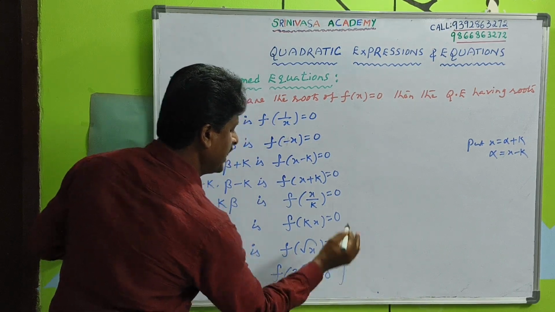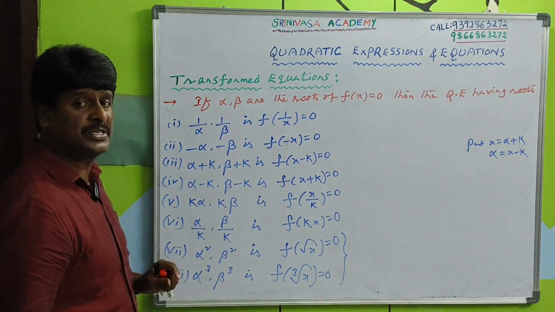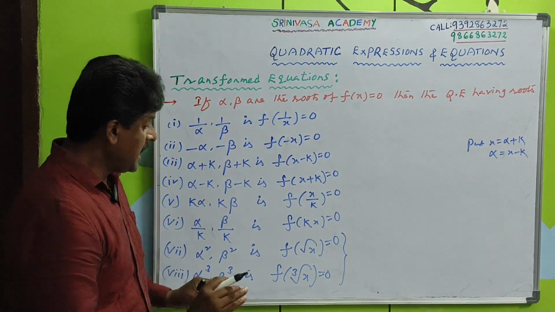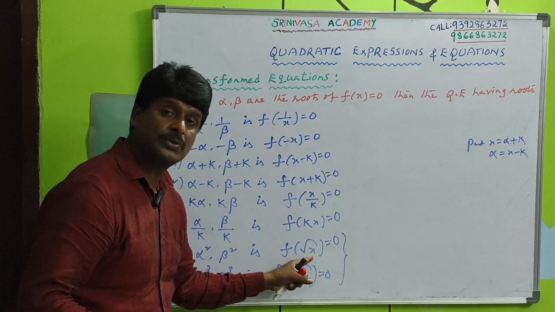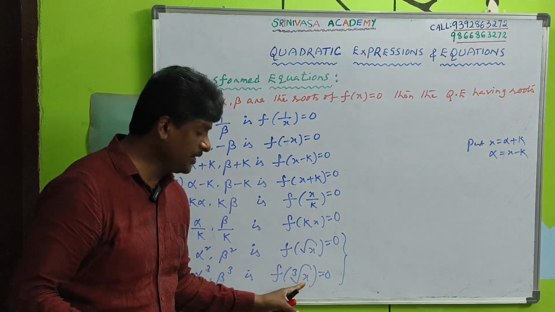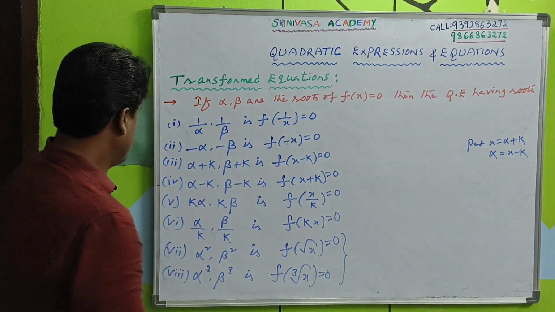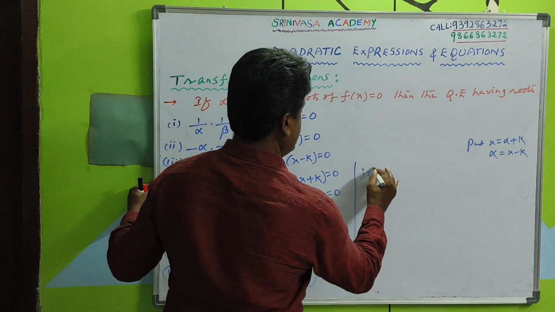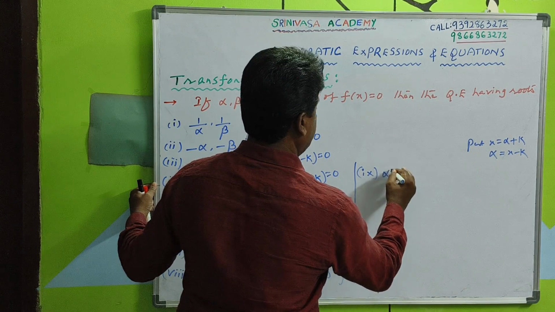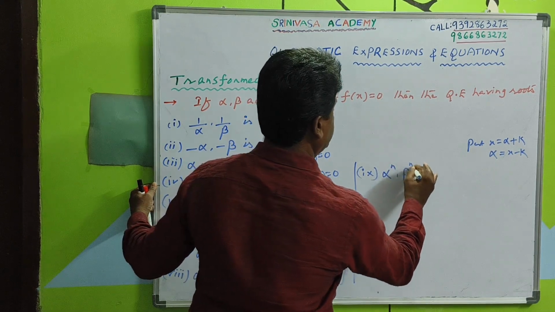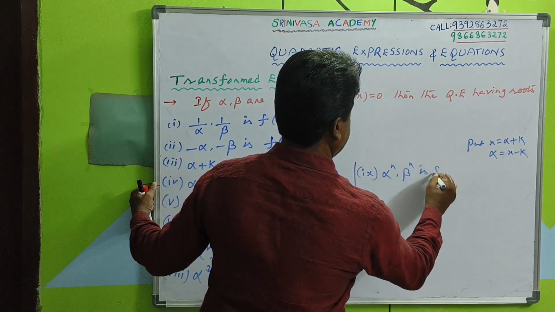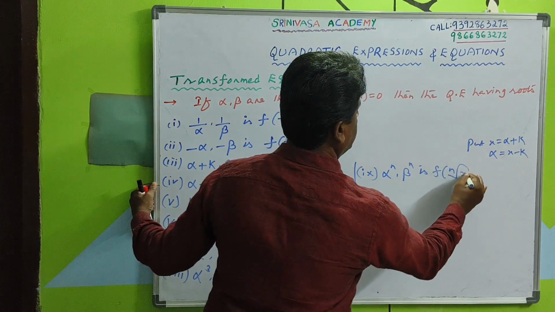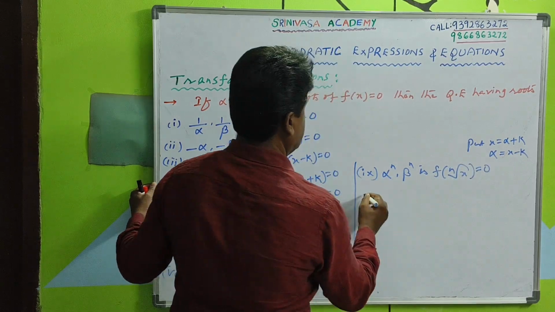Do observe that required quadratic equation obtained by eliminating square root from this equation, eliminating cube root from this equation. Next, number 9, alpha power n comma beta power n will be f of nth root x is equals to 0.